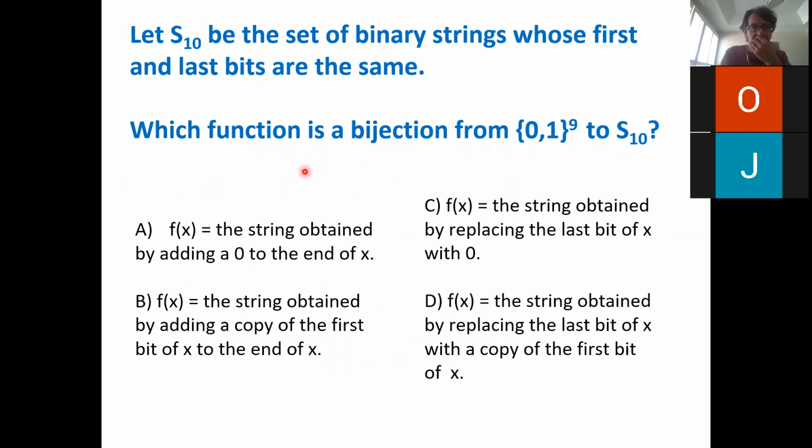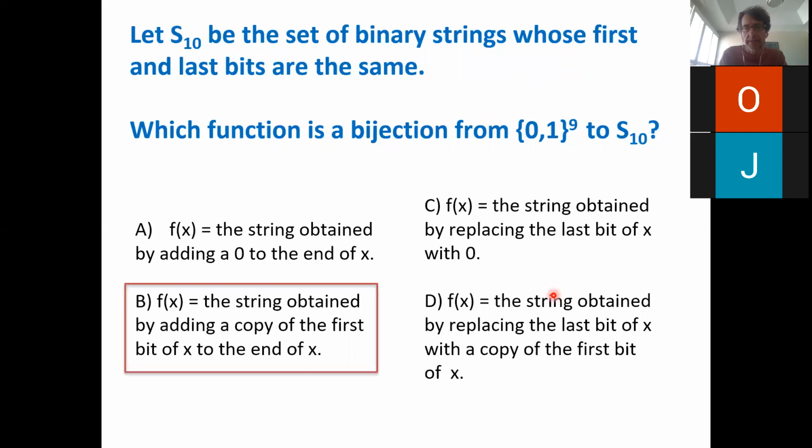Okay, well, actually I went over this. The bijection from 9-bit strings to S10 is this one: I just take my bit string and I attach a copy of the first bit at the end.